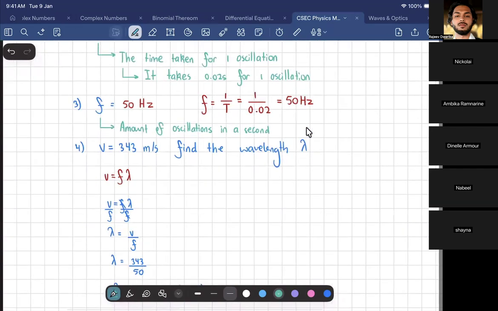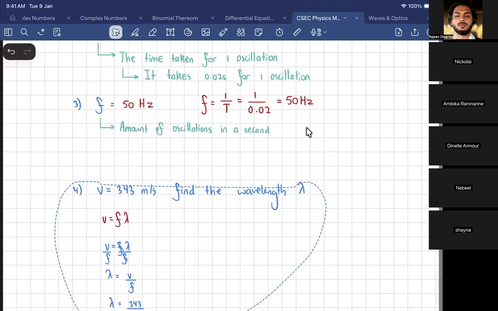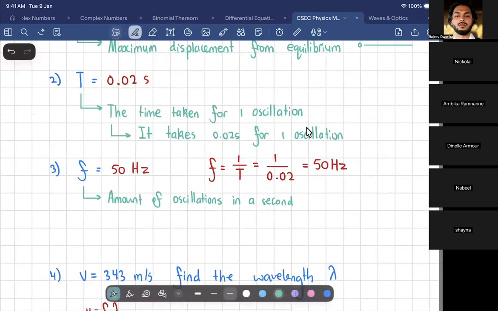And in this specific question, what could I infer from it? The frequency would have been 50. What I mean is, how is that helping? 50 oscillations in a second. Right.